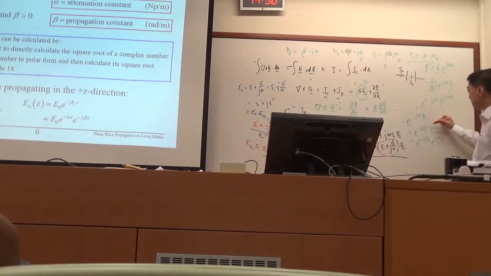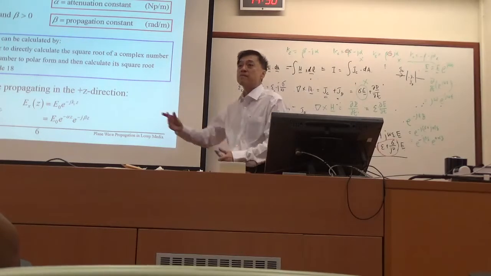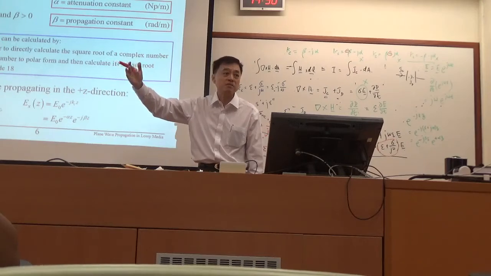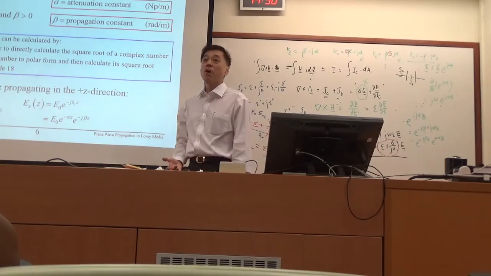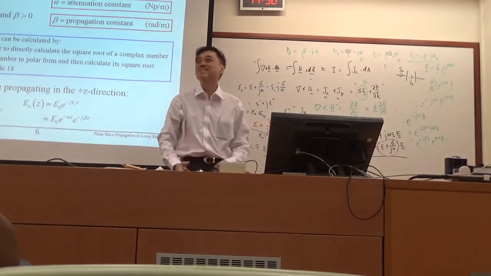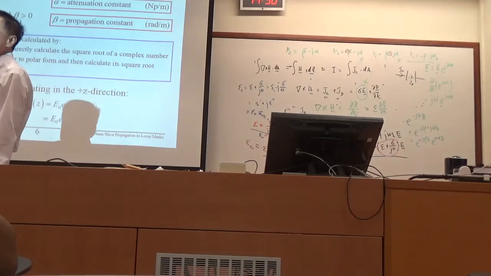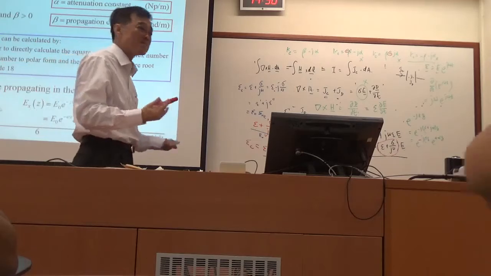Because if this thing is positive, then when the wave propagates, the magnitude gets stronger and stronger. Where does the energy come from? If we could get energy out of nothing, then we would not have an energy crisis in this world already. So when the wave propagates, its strength can only be reduced, it cannot be enhanced, unless there is something done.